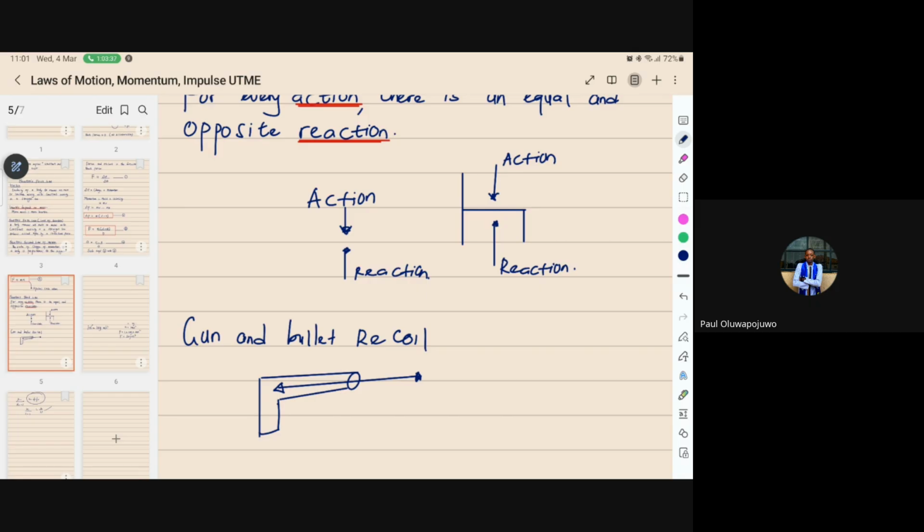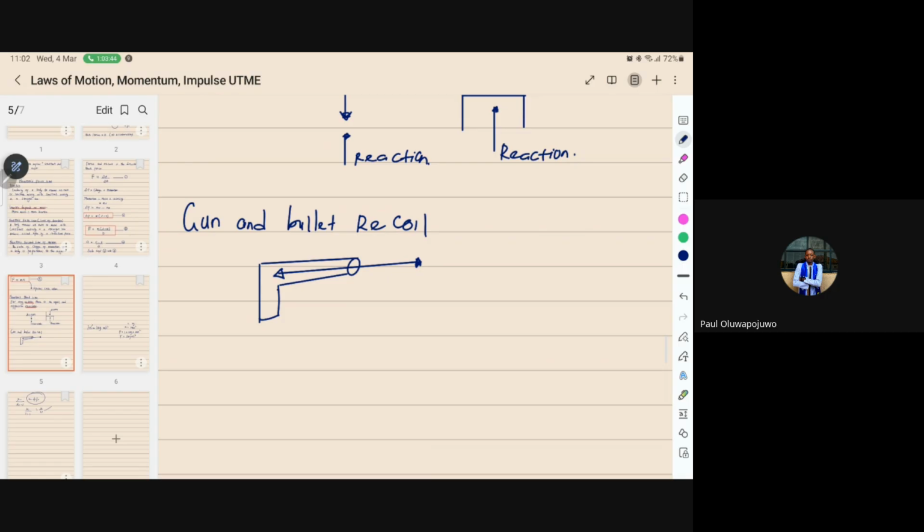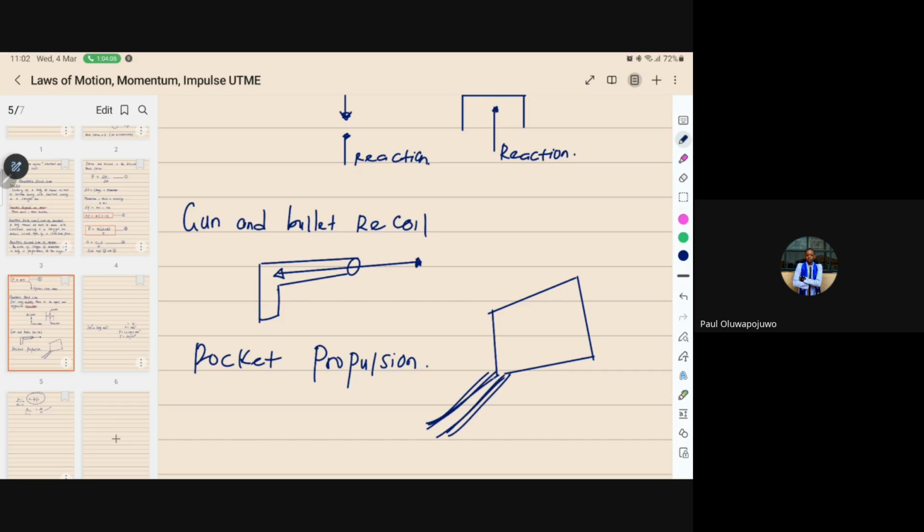The next one has to do with your rockets. If you've seen anything regarding rockets, you're going to notice that as the rocket is moving, there is this gas that is expelled from the bottom of the rocket.